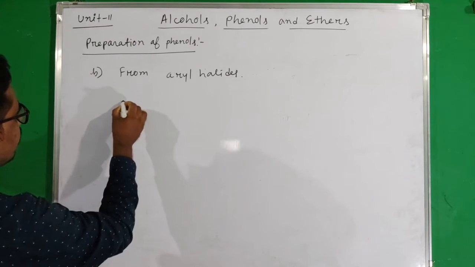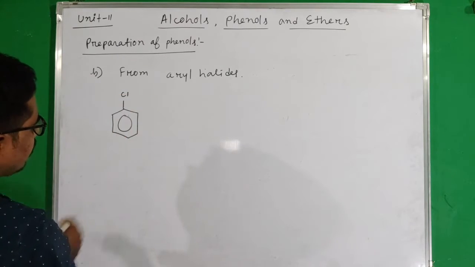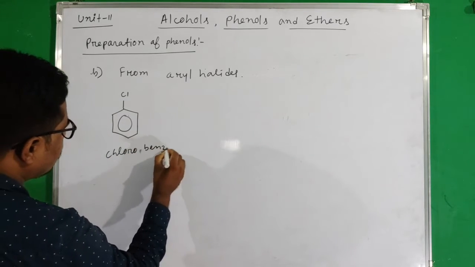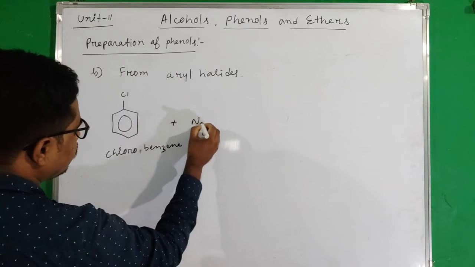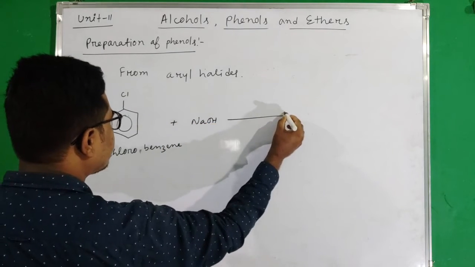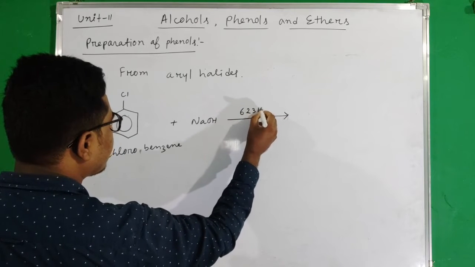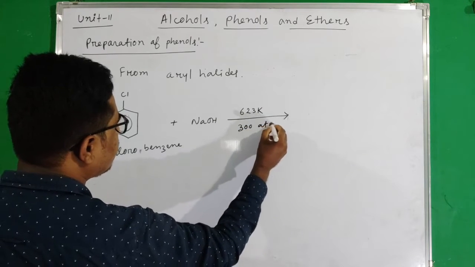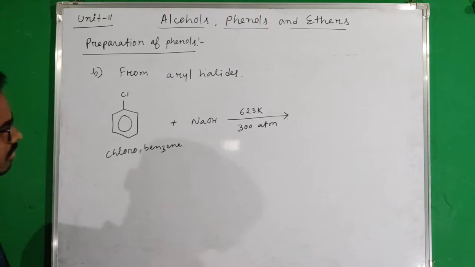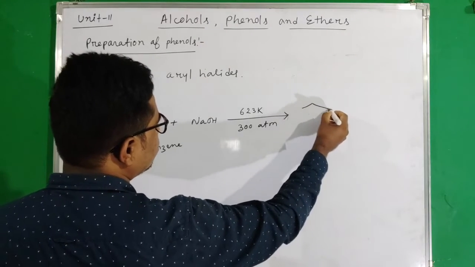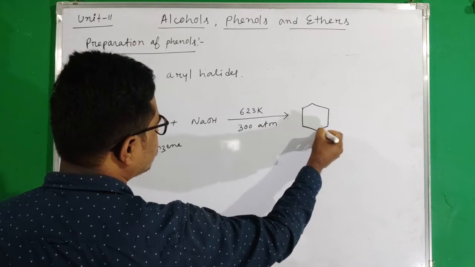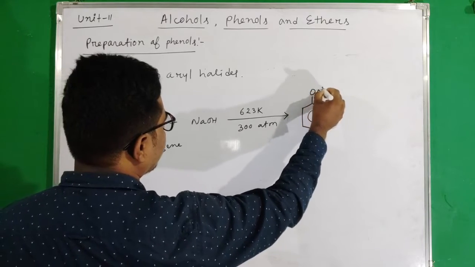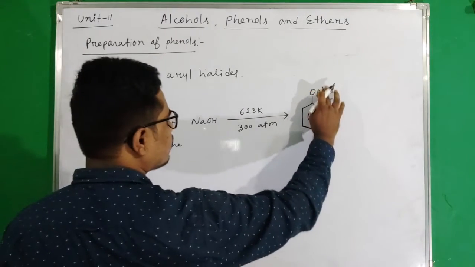Now we will take an aryl halide, that is chlorobenzene, and when chlorobenzene is treated with sodium hydroxide at 623 Kelvin temperature and 300 atm pressure, then the chlorobenzene is converted into sodium phenoxide, ONa. This one is sodium phenoxide.